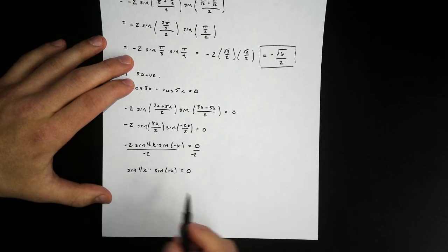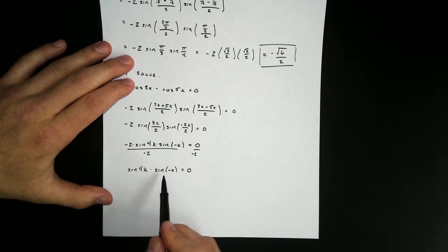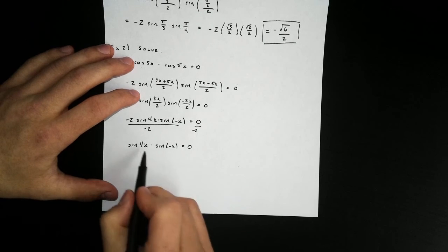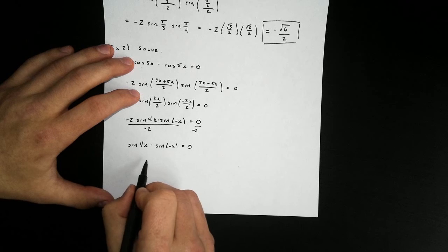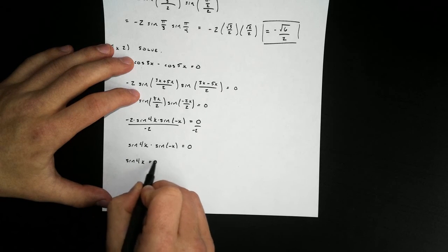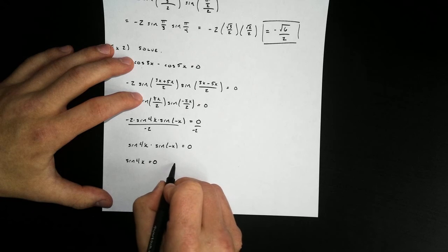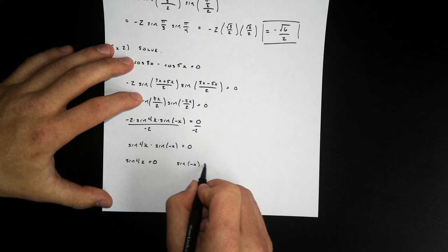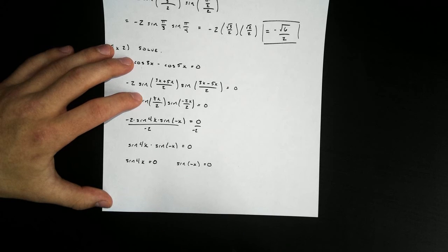And as I said, the nice thing about this is now we have multiplication. So this is basically like it's in factored form. So we can separate this into two different equations. So we have one, the sine of 4x is equal to 0, and then the sine of -x is equal to 0.